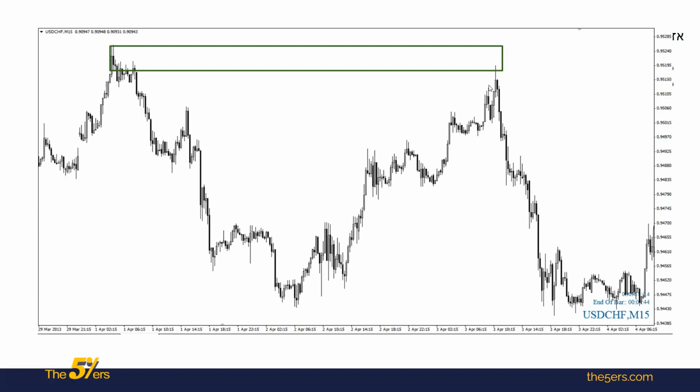Also, it's important to understand, we can only assume a reaction, not a reversal, a reaction at the decision point or at the zone, and that only on the first visit. Okay, the next visit, we don't know anymore how much was actually consumed.